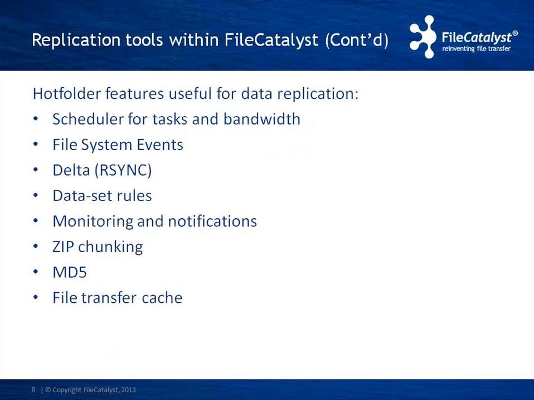Some of the replication features that we provide in FileCatalyst Hotfolder are, first of all, scheduling of a task, a task being basically your replication task, and bandwidth scheduling. So for example, if you have an office where during office hours you don't want to use up your bandwidth, you can have the bandwidth scheduler go very slowly, and then after office hours the scheduler will pick up the speed and use up your bandwidth to move the files to the offsite disaster recovery site.